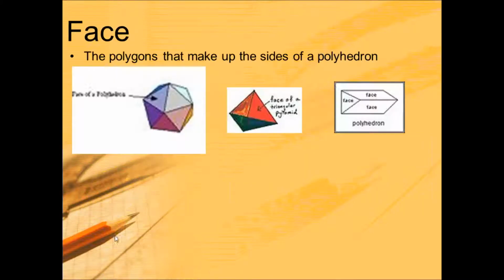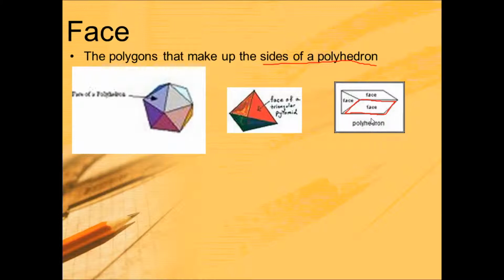So parts of a polyhedron, I've already kind of talked about this. The face is just the sides of the polyhedron. So in all 3 of these pictures, they all have a triangle as a face. This one at the end, though, this right here is in fact a rectangle.